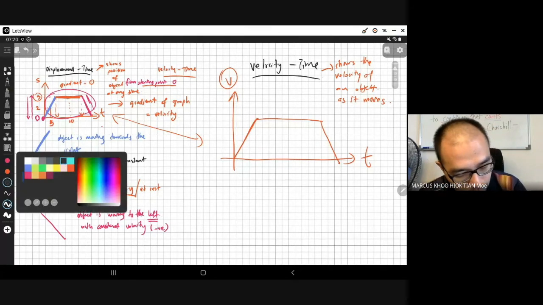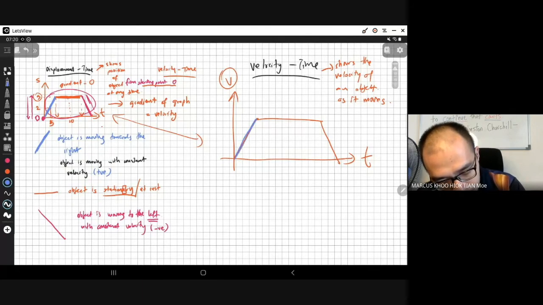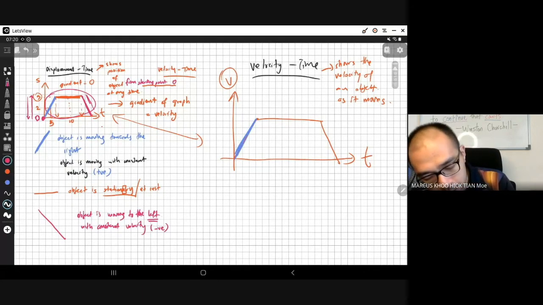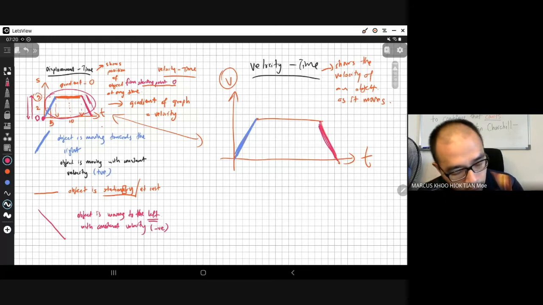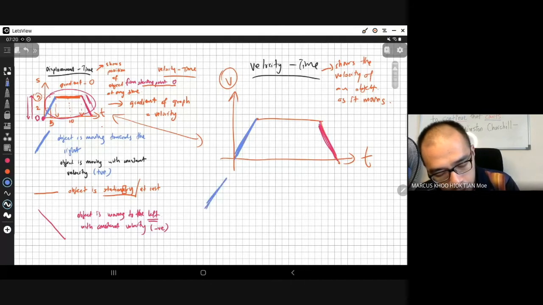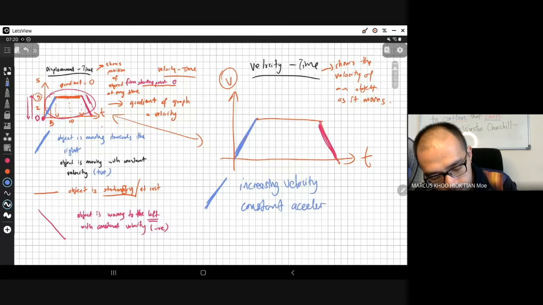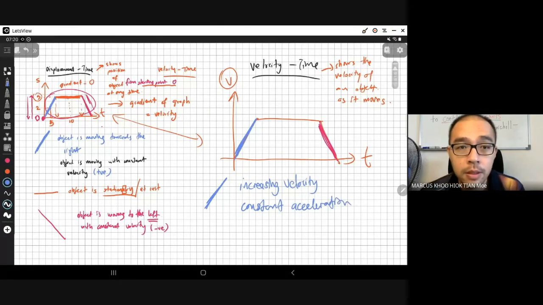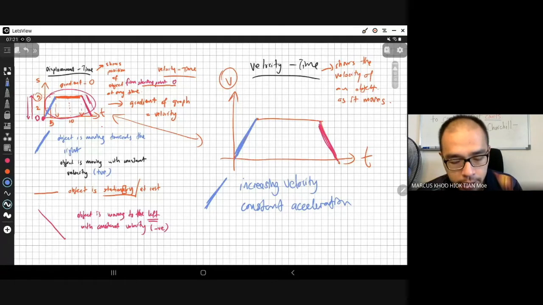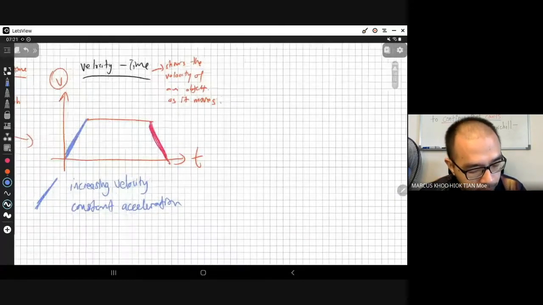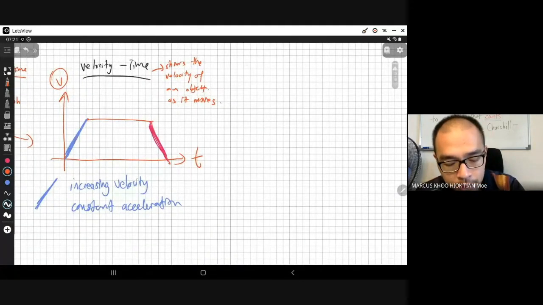And in this one, I'm going to do blue color again. This blue color, orange color, and pink color. For the blue color line, it is increasing velocity or constant acceleration. Because in the velocity time graph, there are two very important pieces of information.